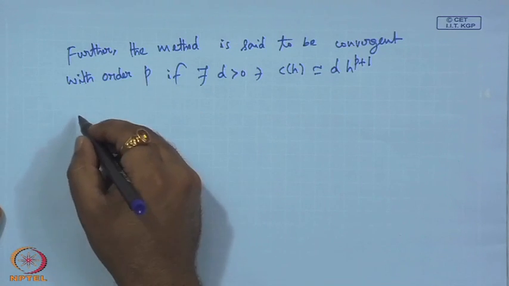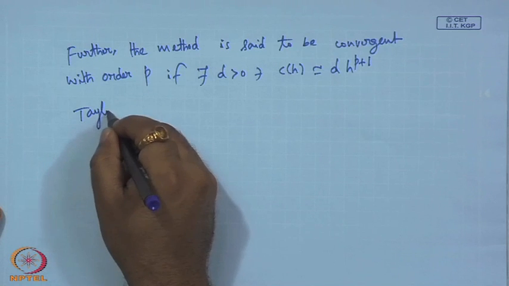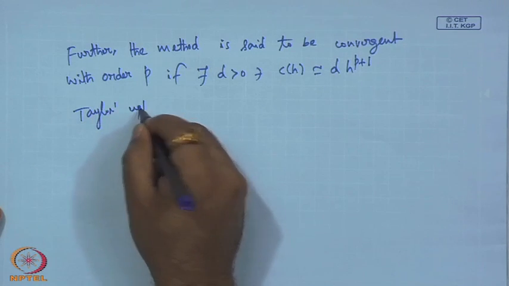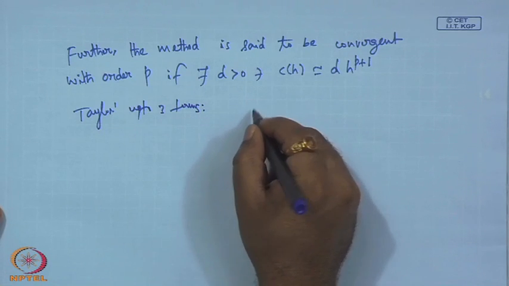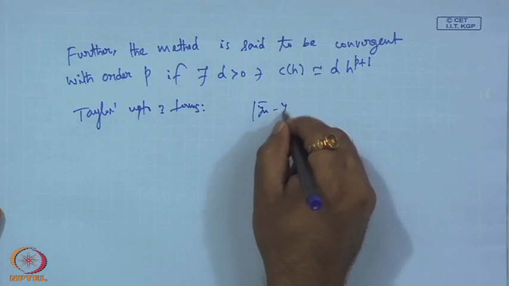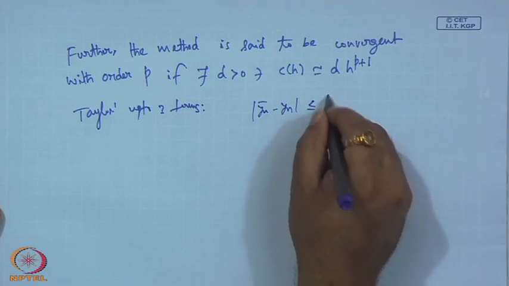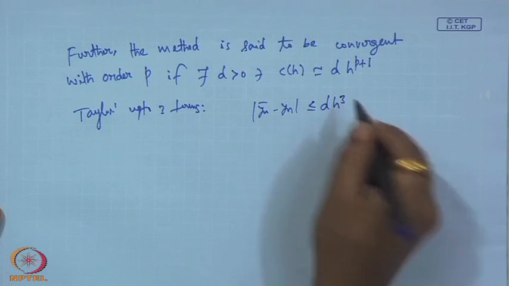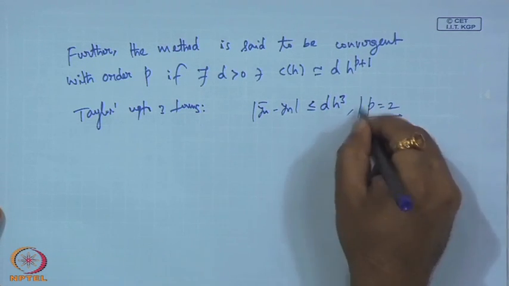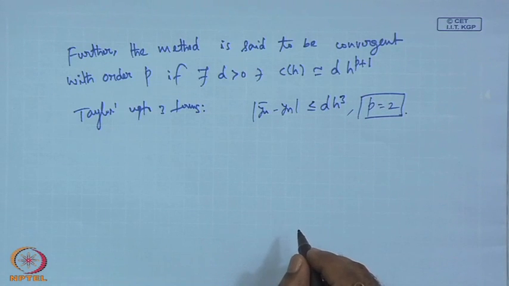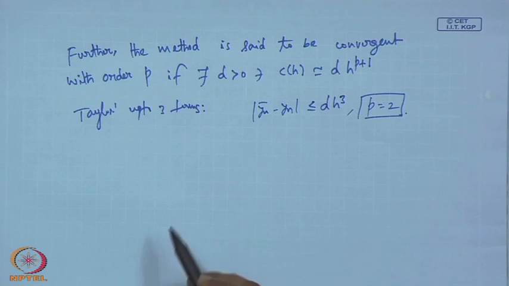So, for example, in the Taylor series up to 3 terms, the error is d times h cube, where p is 2. So, this is convergent with order 2.